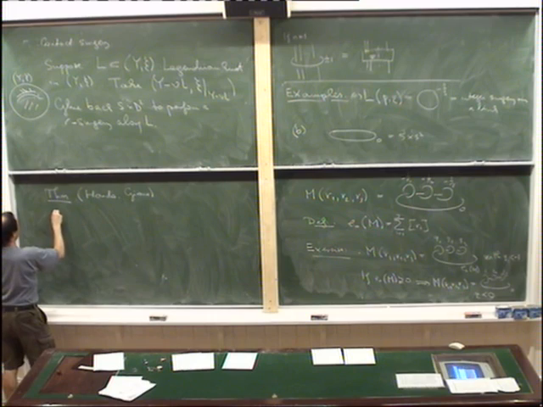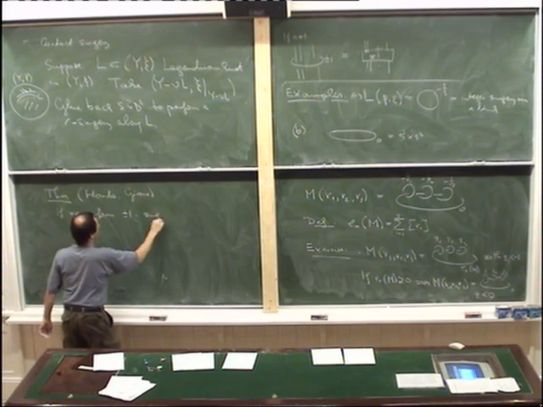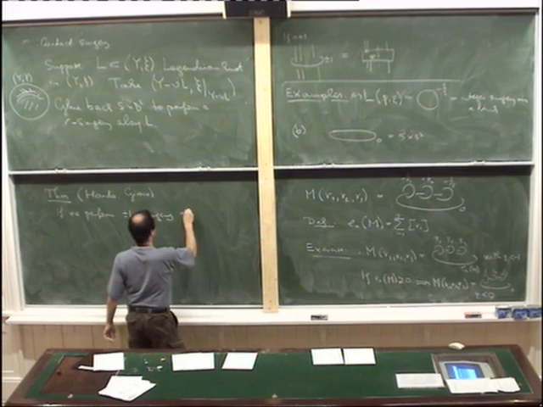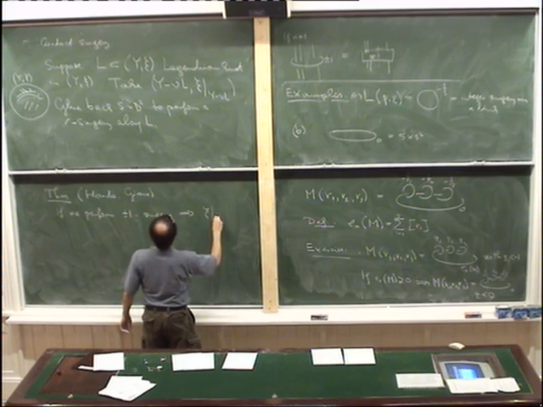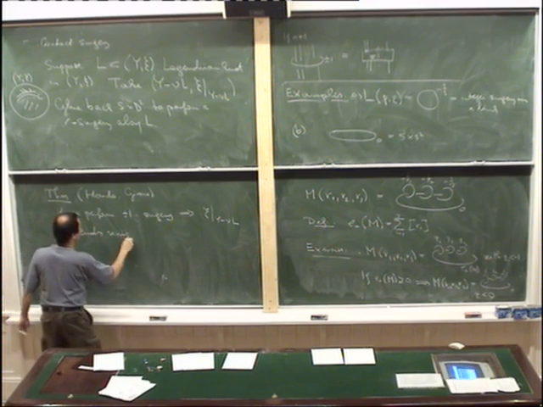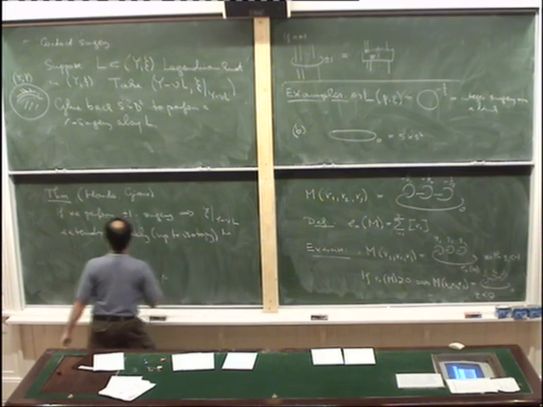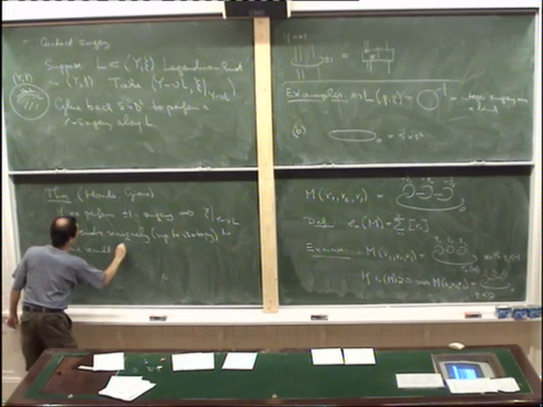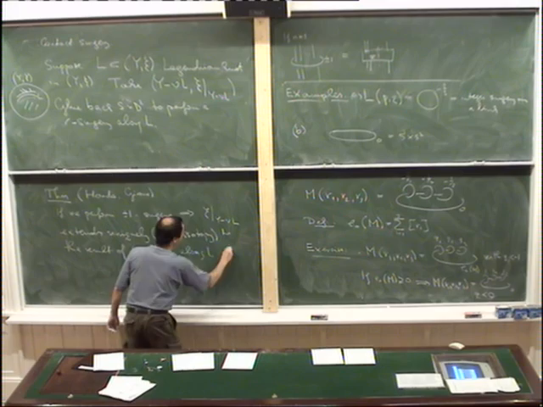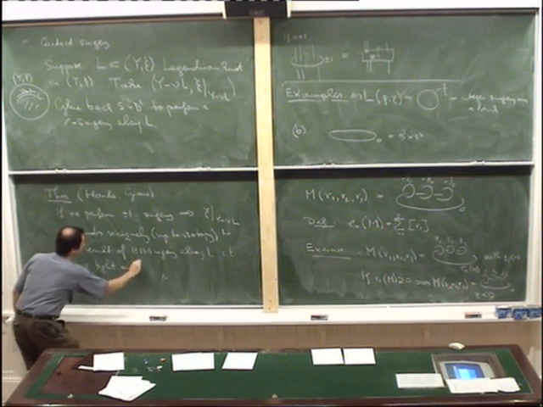Saying that if we perform plus or minus 1 surgery, remember we measure the surgery coefficient with respect to the contact framing, then xi from Y minus nu(L) extends uniquely up to isotopy to the result of plus or minus 1 surgery along L such that it is tight on the new solid torus.